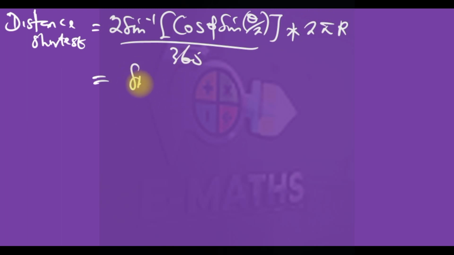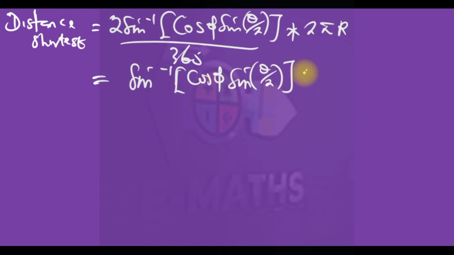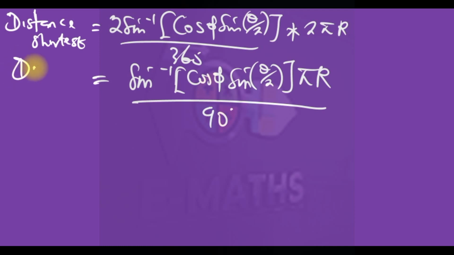So I have arc sine of cos phi sine theta over 2, times pi r over 90 degrees. So this is the shortest distance between 2 points on the Earth's surface.